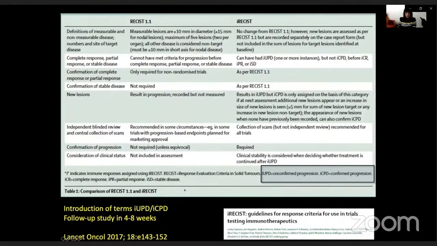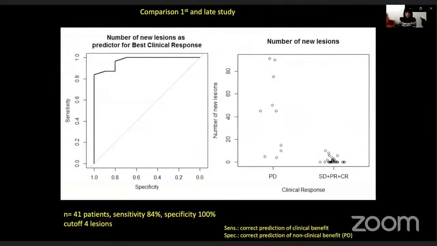It means that the group recommends a follow-up study between 4 and 8 weeks after the baseline study in order to confirm or not the results of the early follow-up. So the repeat of the follow-up study between 4 and 8 weeks is a major criterion in these response criteria.